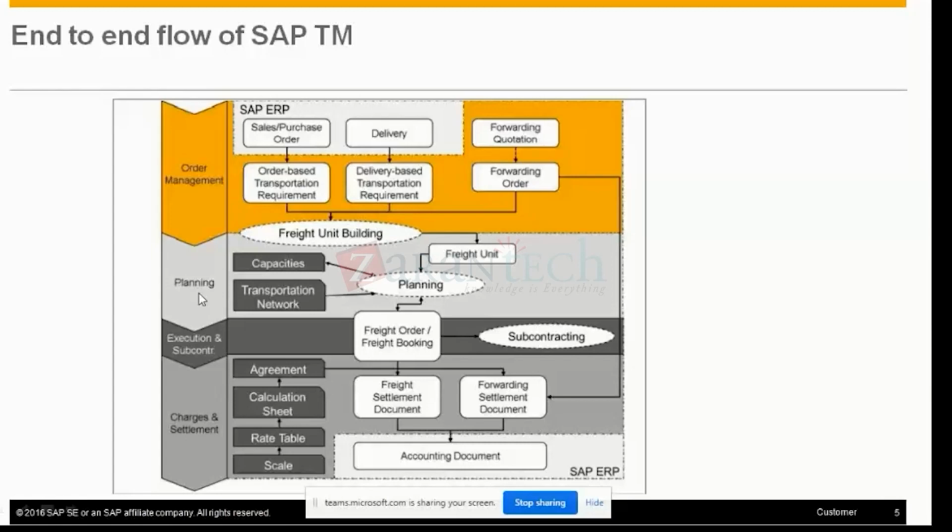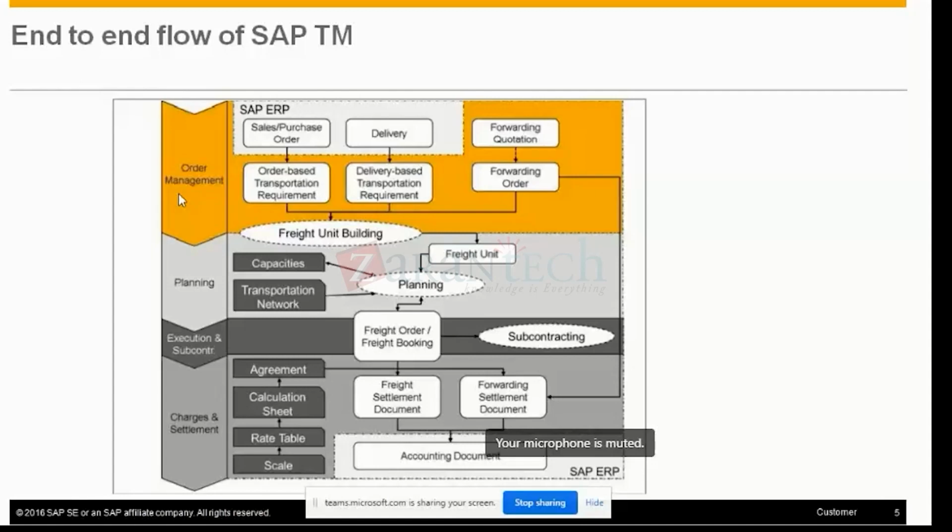So when I say order management, for example, when you are planning to move a transport from point A to point B, that means I am moving my transport from a shipper location to my customer location, right? As part of this transport, how does my transportation management know that this order or this delivery needs to be integrated with my TM?